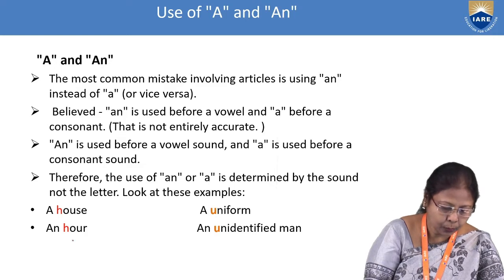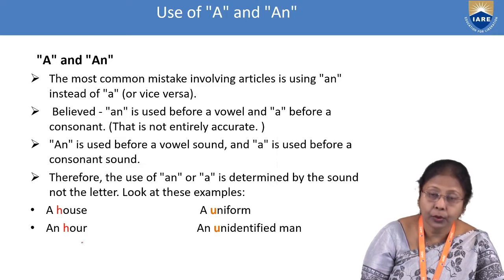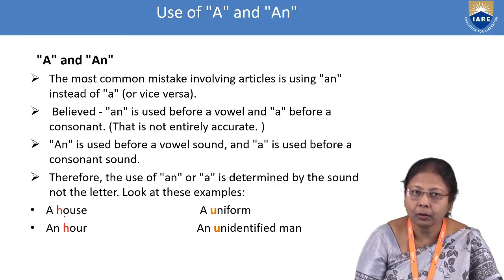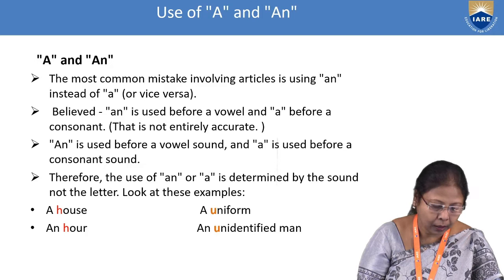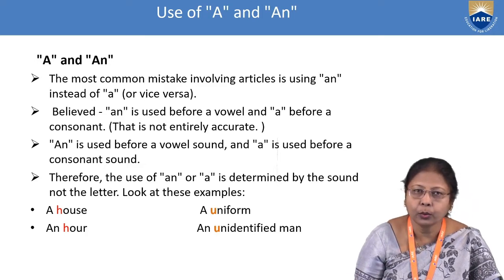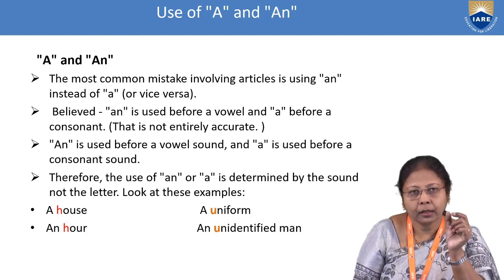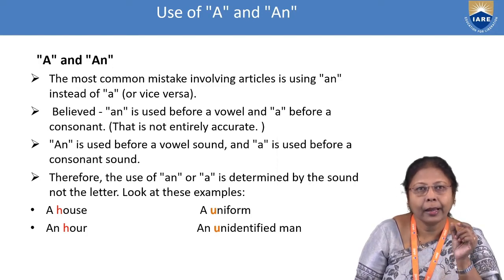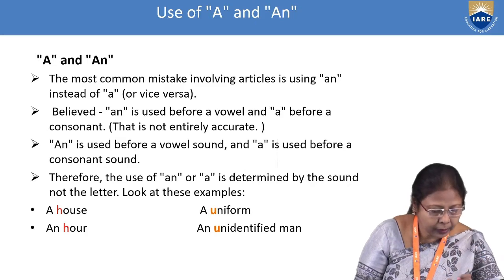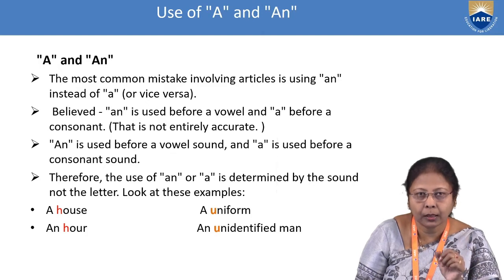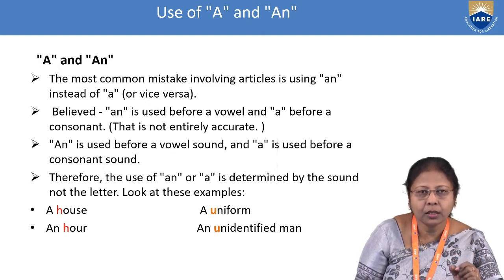So here I have given 4 examples: 2 words with H and 2 words with U. Here see, a house, an hour. The house spelling is house, and the word starts with the consonant letter H. But in the next word, hour, H gives a vowel sound, not the consonant sound.